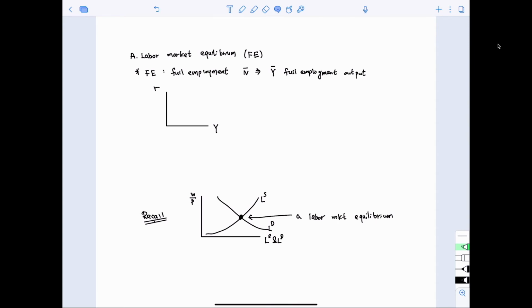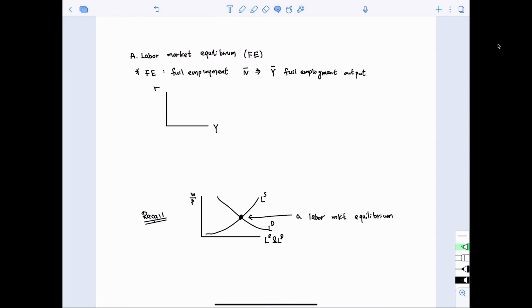As we mentioned earlier, the unemployment that exists anyhow is frictional unemployment and structural unemployment. And the full employment that we are talking about is when the economy's unemployment rate equals the natural rate of unemployment, then we call it full employment.